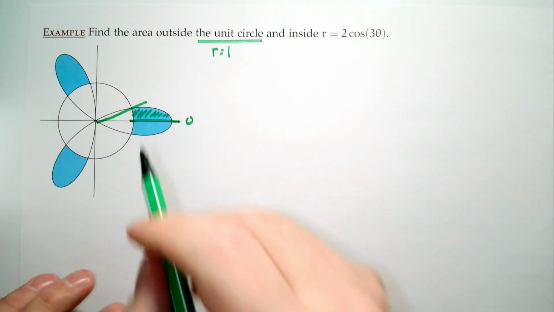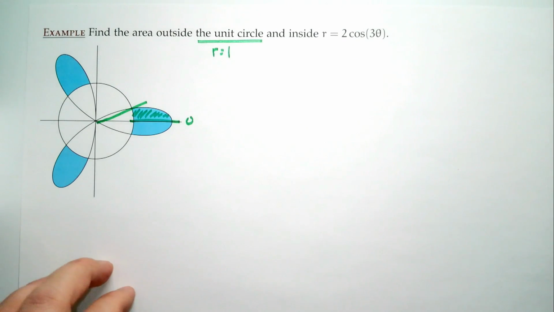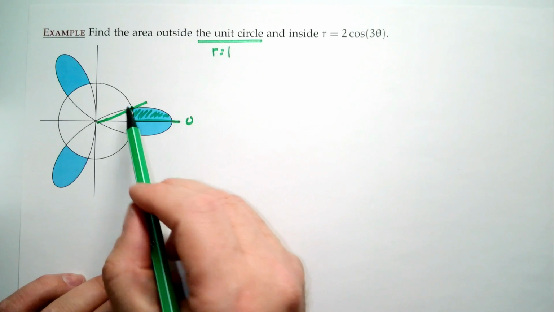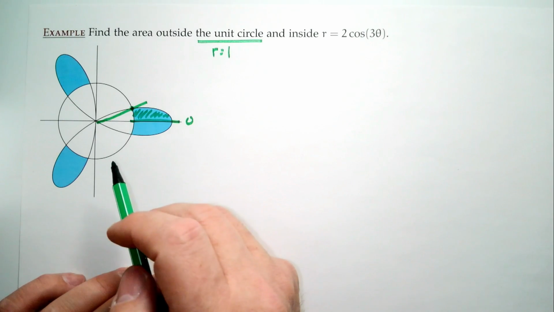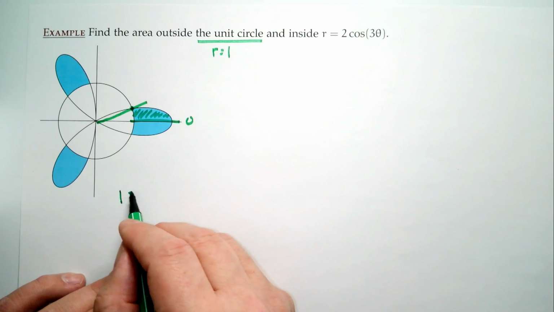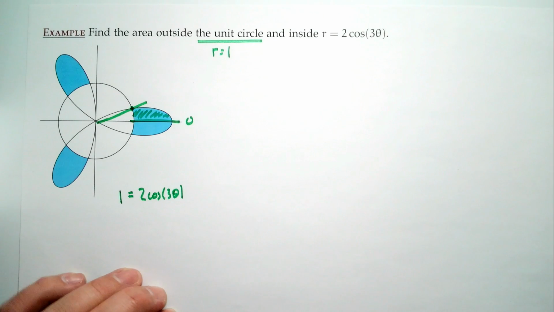So the question becomes, what's this angle? All right, now we have to think about it, because it's not so obvious. This angle comes because of that intersection. So if we're doing intersections, we're going to set the 2 curves equal. In other words, we're going to set 1 equal to 2 cosine of 3 theta.